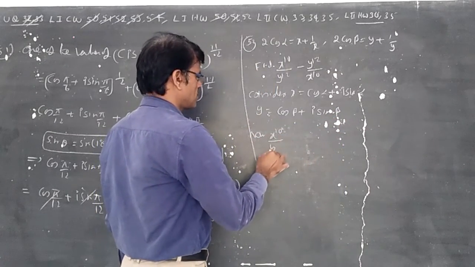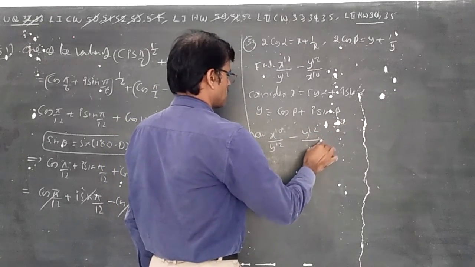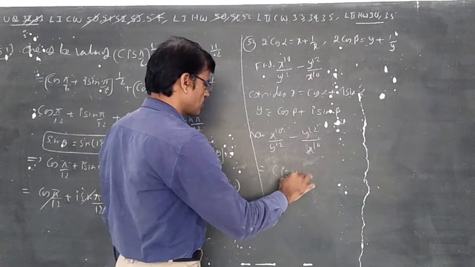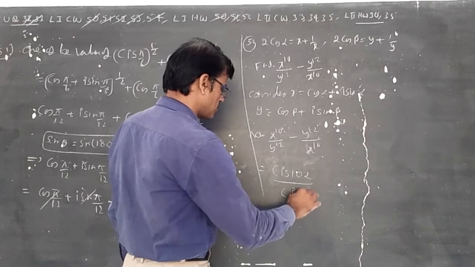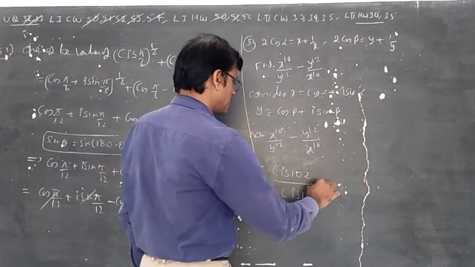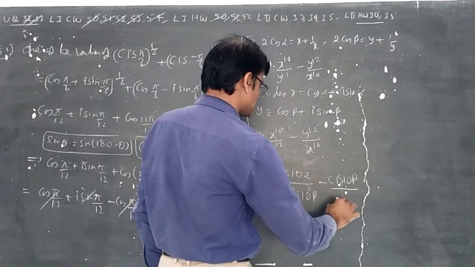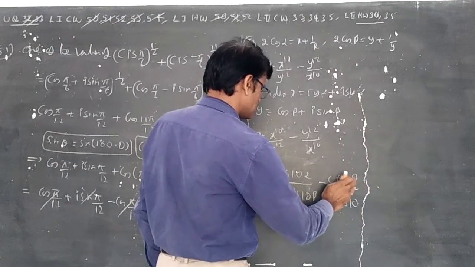x power 10 by y power 12 minus y power 12 by x power 10 becomes here: this is cis 10 alpha by cis 12 beta, minus this is cis 12 beta by cis 10 alpha. Not 10, this is 12.